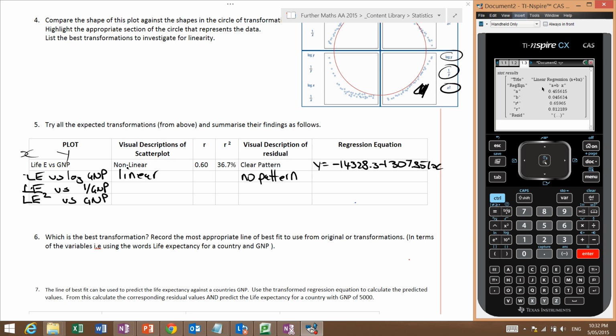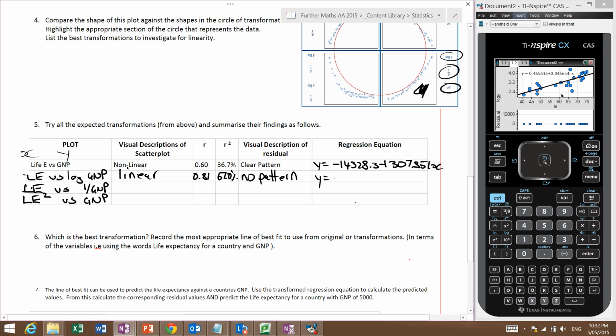So my R here is 0.81, and my R squared will be 67.0%. Okay, let's go back to the line of best fit.